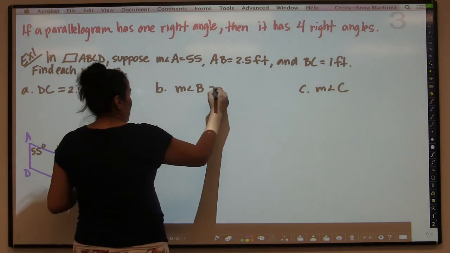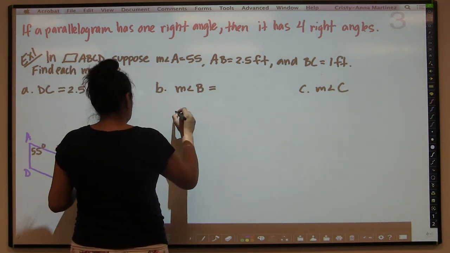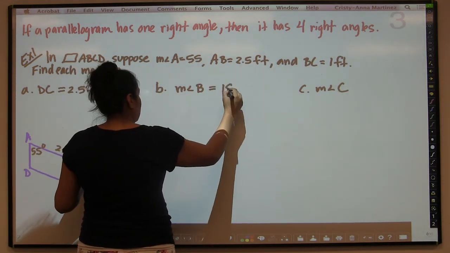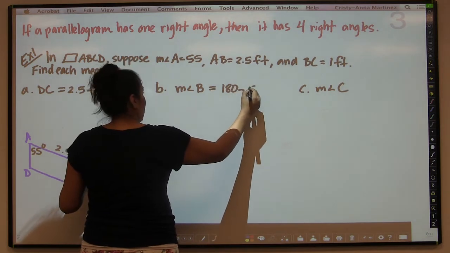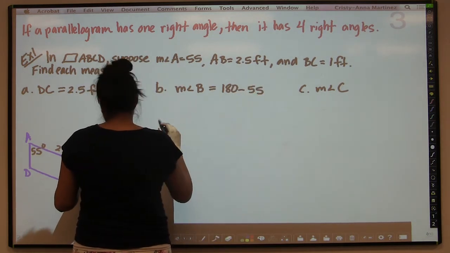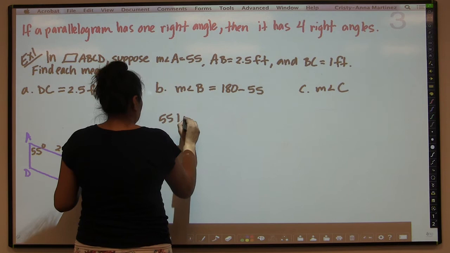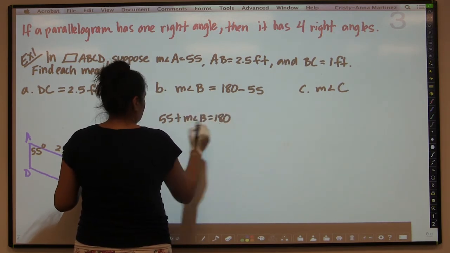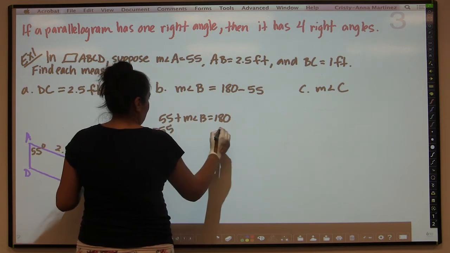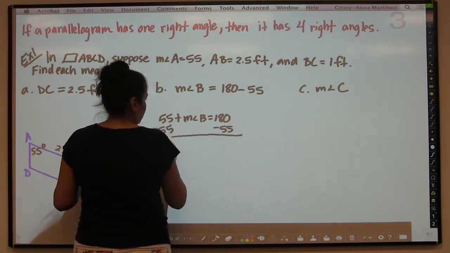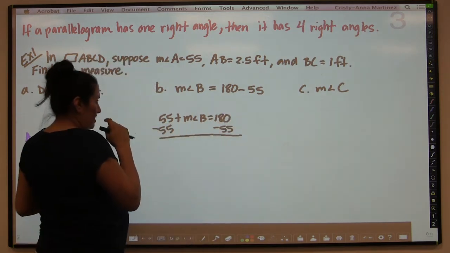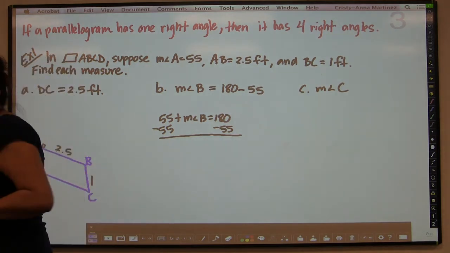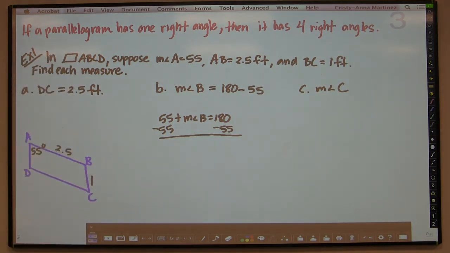So that means it's going to equal 180 minus 55. So basically what I'm saying is that 55 plus the measurement of angle B should equal 180. So I'm going to subtract 55 from both sides. And that's why I put 180 minus 55. And if I do 180 minus 55, I'm going to get 125.